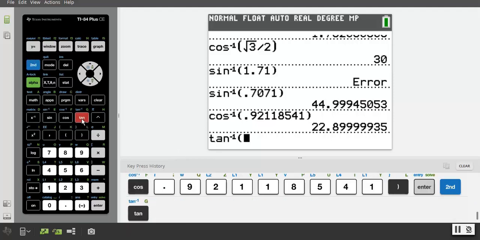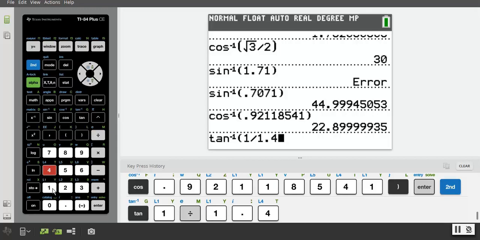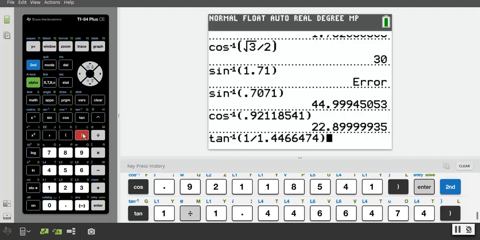So tangent inverse of 1 divided by 1.4446474. Now we're just going to hit enter.